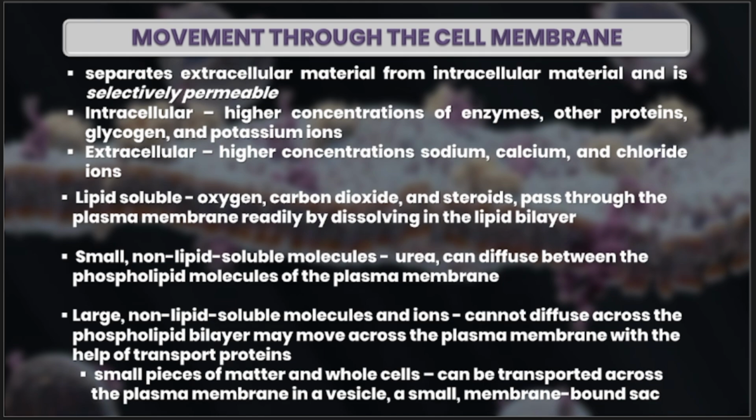Vesicle transport involves processes like endocytosis or exocytosis, which use vesicles to move large molecules, such as nutrients or waste products, across the membrane, which maintains cellular function and communication.